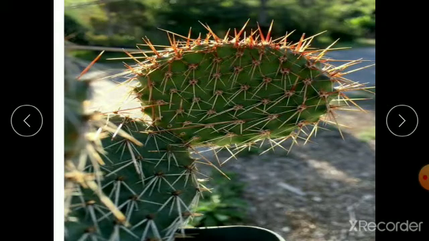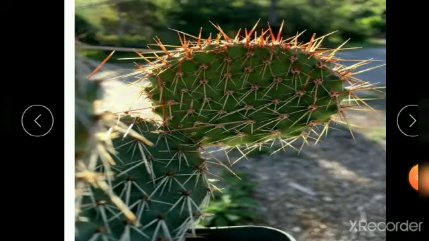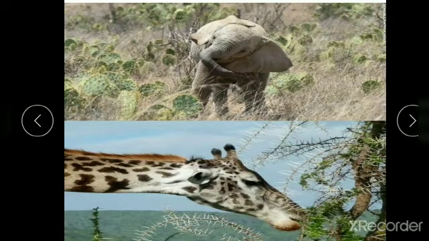And cacti have a thick, spongy, green stem in which they store water and prepare food. That is, the thick spongy green part of the cactus is not the leaf, it is the stem in which they store water and prepare food. Okay, they have spines instead of leaves, and these keep animals away from it.